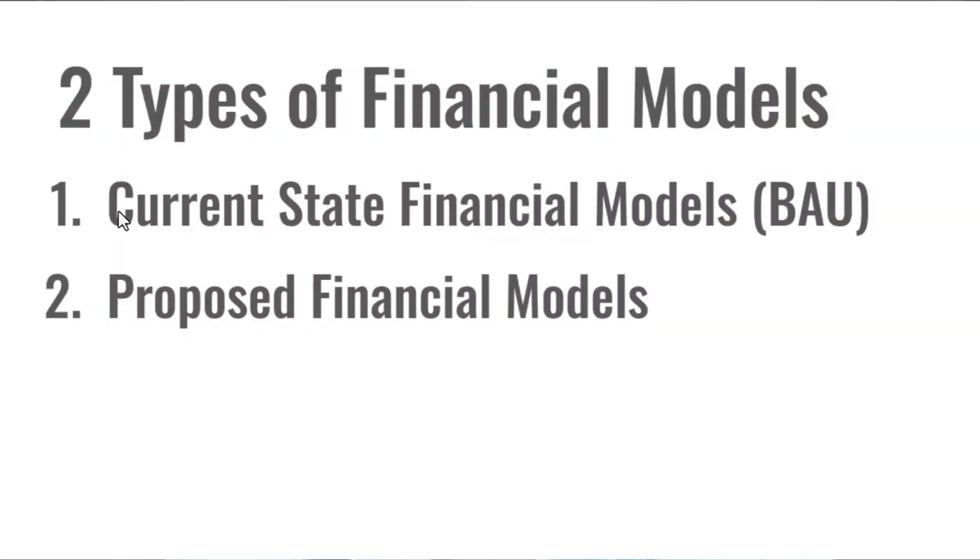And then the second is a proposed financial model, which is alternatives to that current state model, also shown yearly over 3 to 5 years. So at a real high level, those are the two types of financial models that you need to understand how to build.